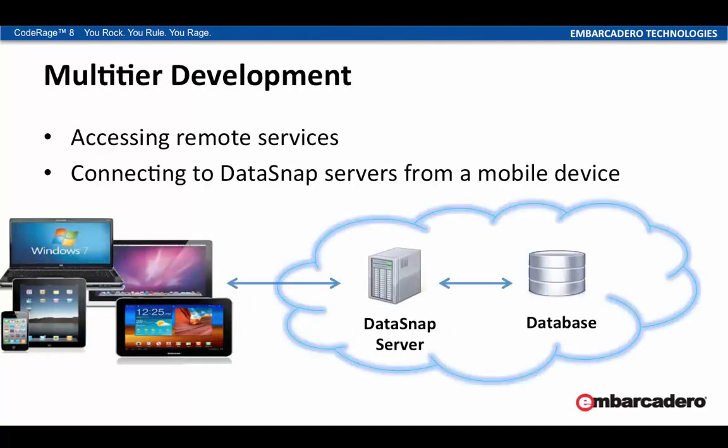Overall, the goal of DataSnap is to provide a multi-tier development architecture. And this is important for desktop, but it's significantly more important for mobile devices, where you don't generally connect directly to a database for security reasons, for connection stability issues, and because you want to get into a stateless approach.